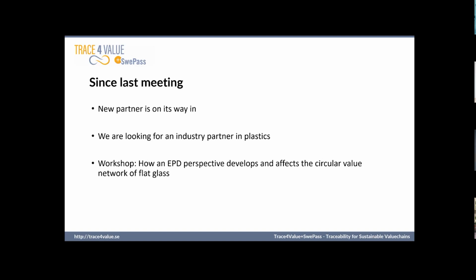But one of the things we have done since last time that was really nice was a common workshop where we met at Rangstad's office in Sollentuna, and had a workshop focusing on how to develop the circular value network that we mapped up in Traceable Value and extend it with the EPD perspective.